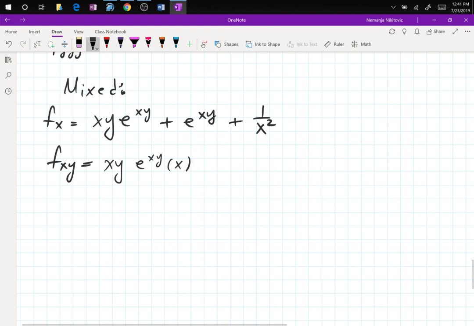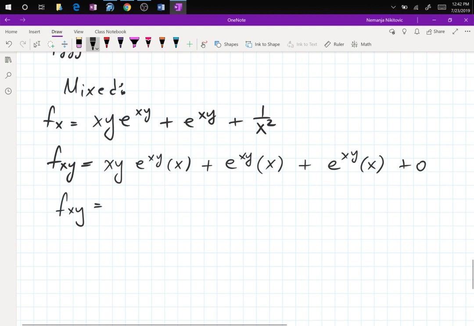x, because I am taking the derivative with respect to y, so x is a constant that pops down. Plus copy the second, which is e to the xy times the derivative of the first, and that is just going to be x because we are taking the derivative with respect to y. Plus another one of these, e to the xy times x, and plus 0, because there are no y's in this last term, so we don't need it.